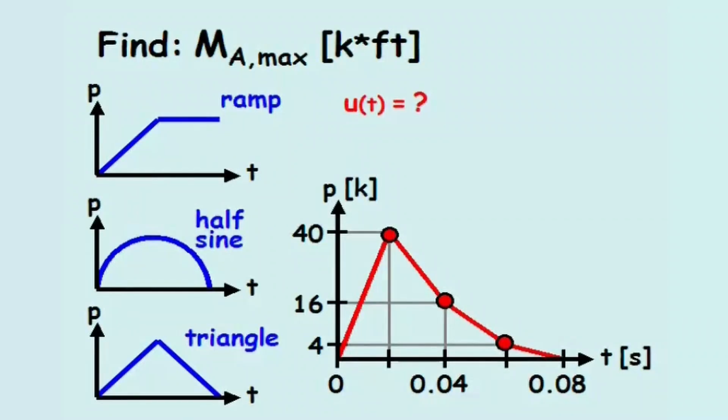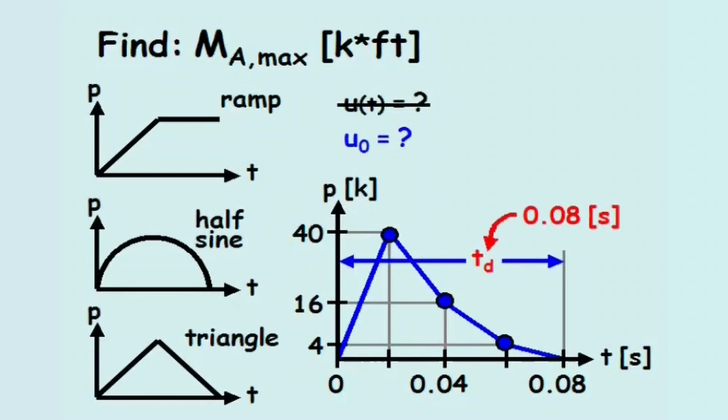Although the forcing function in this problem could be a combination of multiple triangular shape patterns, we're actually just looking for the maximum displacement, U0, which is independent of time, and we can take advantage of the short loading duration, TD, which equals 0.08 seconds.